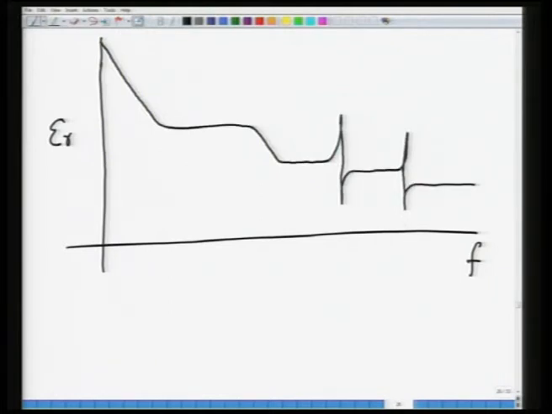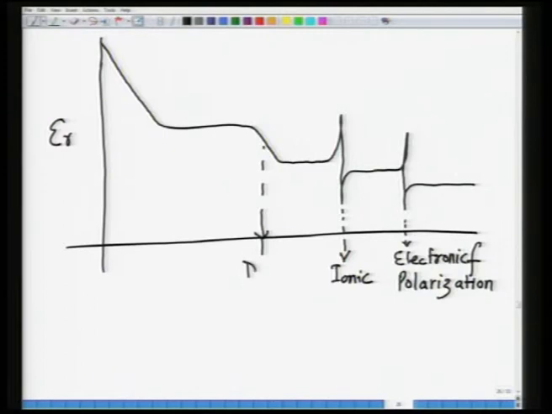This particular point refers to electronic polarization, this particular point refers to ionic polarization, and this is where your dipolar mechanisms come into being, and this is where your interface things come in.